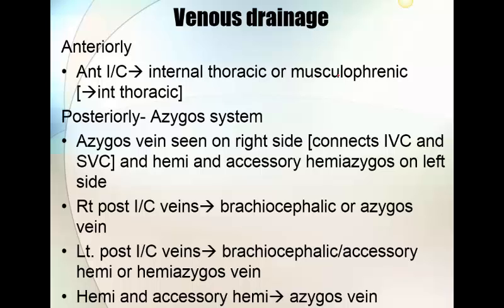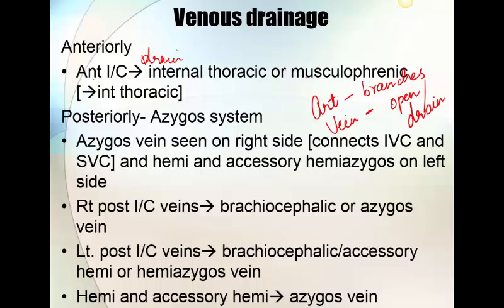And while we are here, I want to mention one thing. When we talk of arteries, we talk of arteries having branches. When we talk of veins, we say veins open into another vein, or another word we use is the veins drain into another vein. So I would say anterior intercostal veins drain either into the internal thoracic vein or musculophrenic vein, and then musculophrenic drains into the internal thoracic.